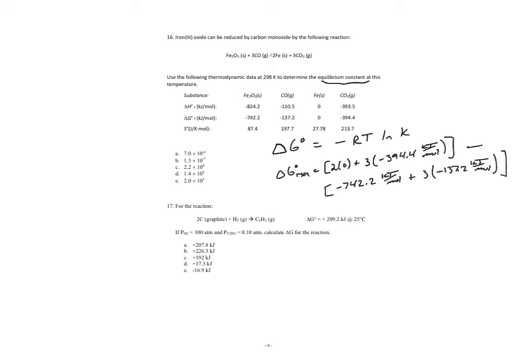So we can go ahead and quickly calculate what delta G is for this reaction. I'll pause and give you a couple of seconds to do this. So the value of delta G for the reaction is negative 29.4.